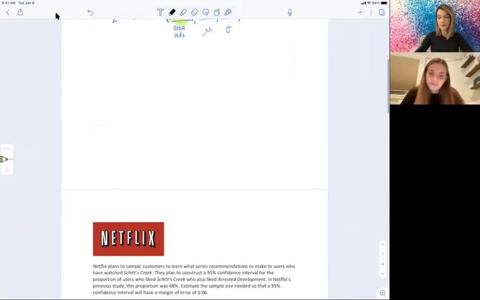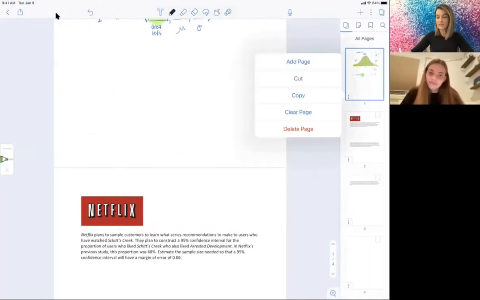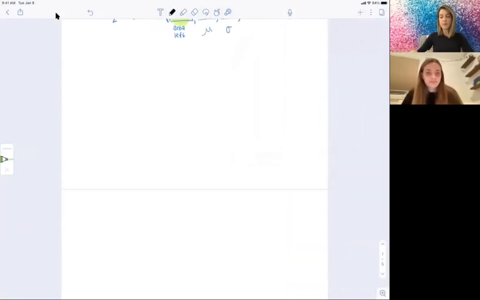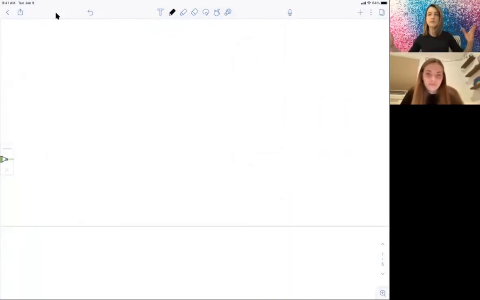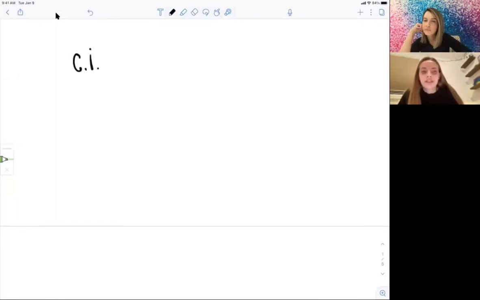So if we're going to create a confidence interval around, first of all, what is a confidence interval? I'm getting ahead of myself. A confidence interval is our level of confidence that the population value is found within the boundaries that we found.